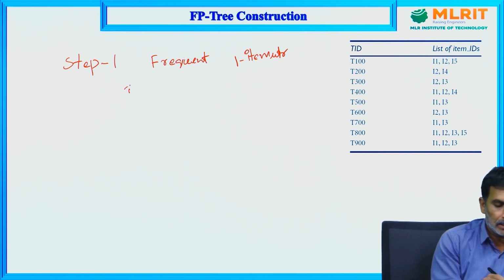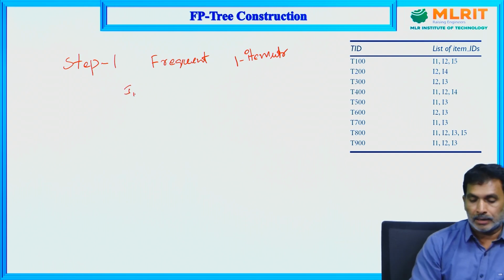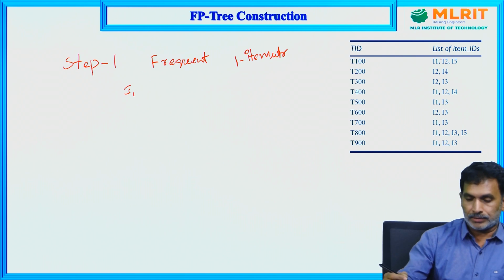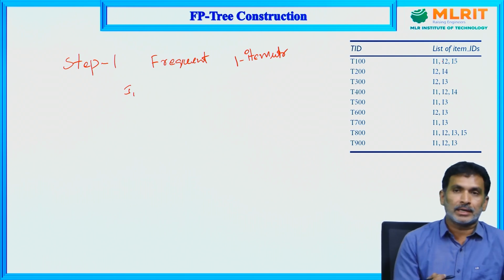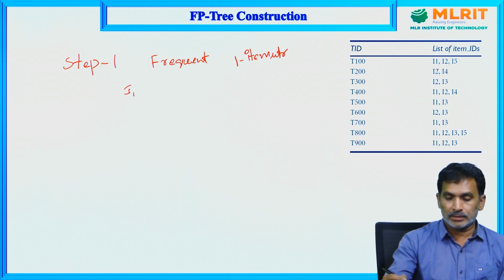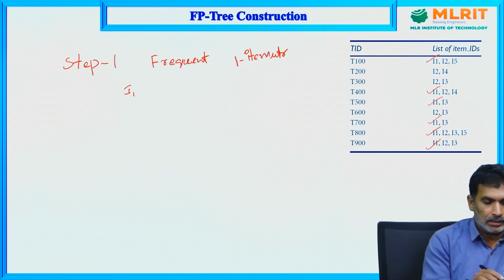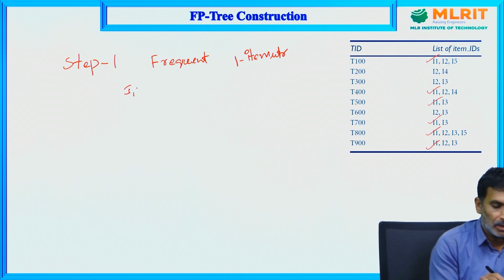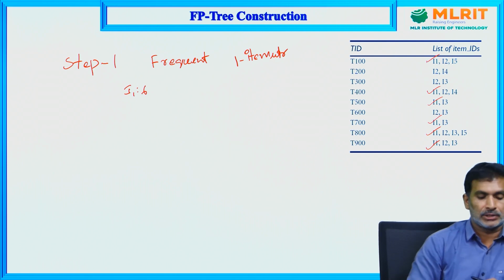Take I1: in how many transactions does I1 appear? First, second, third, fourth, fifth, sixth. So item 1 appears in 6 transactions.